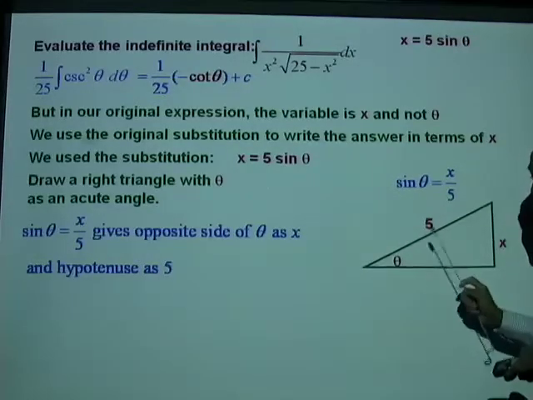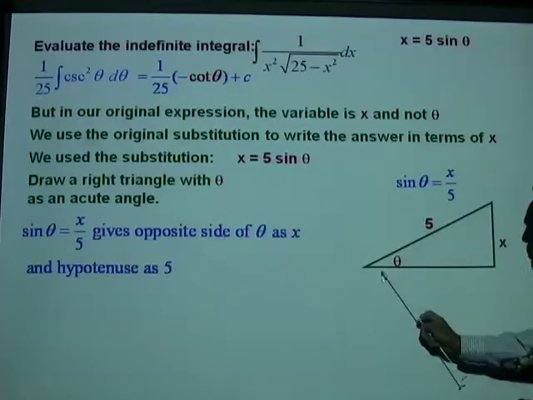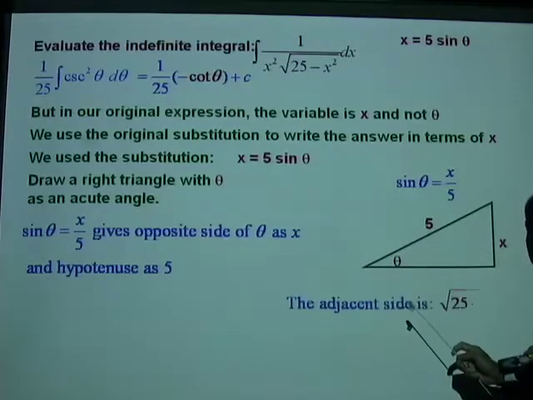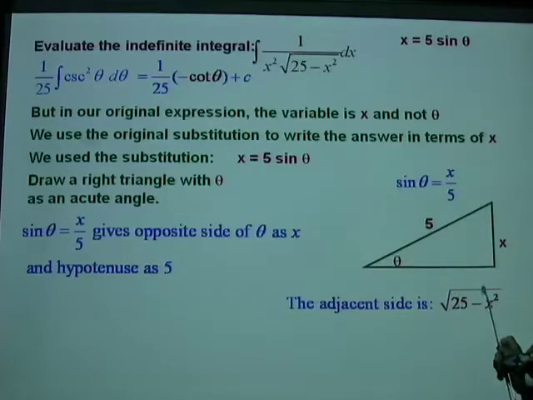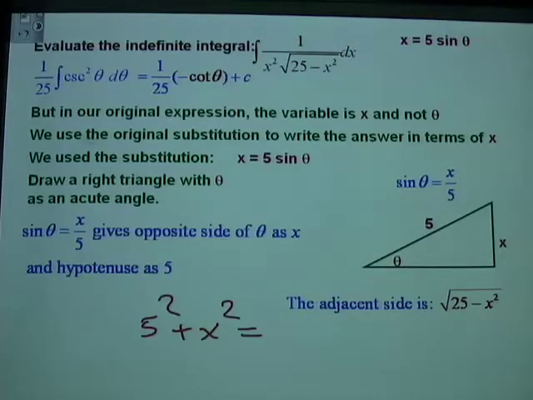Alright, if the hypotenuse is 5, the opposite side is x, what is the adjacent side? The adjacent side will be square root of 25 minus x squared. Well, I'm sure you have no problem following that. Suppose I call the adjacent side y. Is it 5 squared plus x squared equal to y squared?